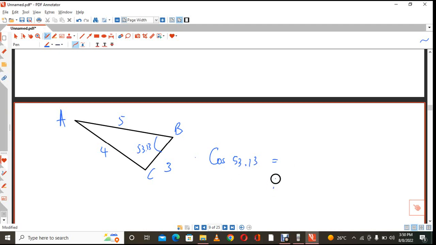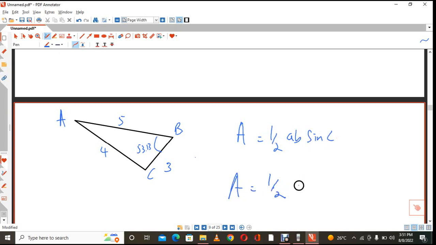Now it's very important that you don't forget, in fact we are calculating the area, so let's just correct it. When we calculate the area we're going to use this formula, a half times AB times the sine of C. So the area here will be a half times 5 times 3, and we're going to multiply that by the sine of 53.13.